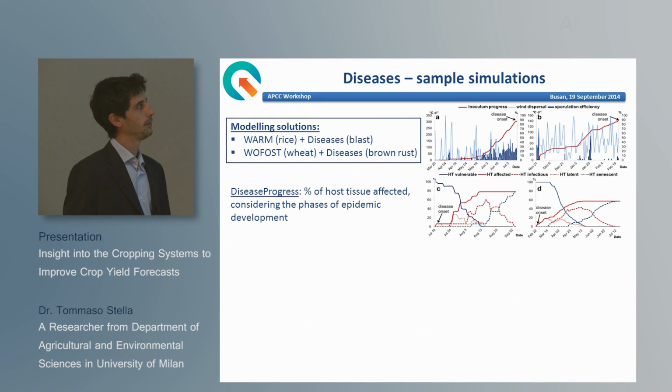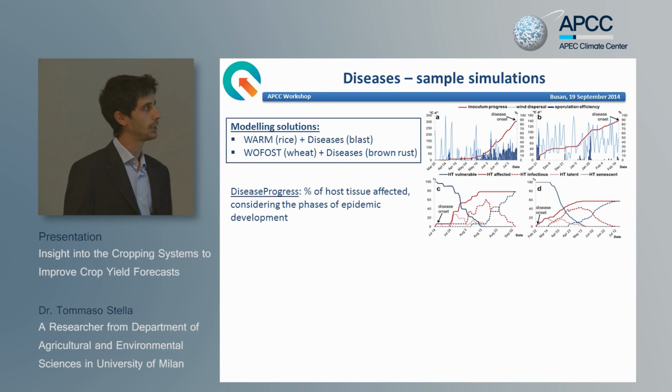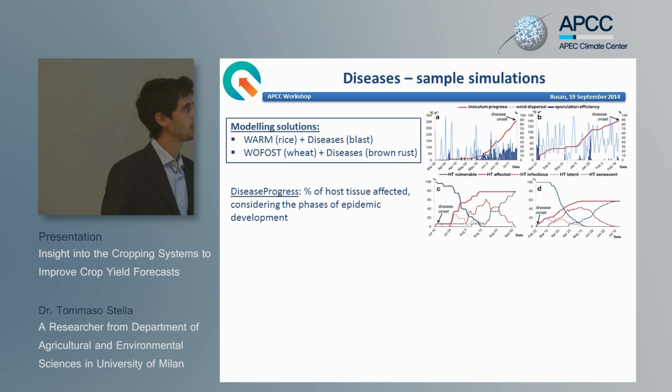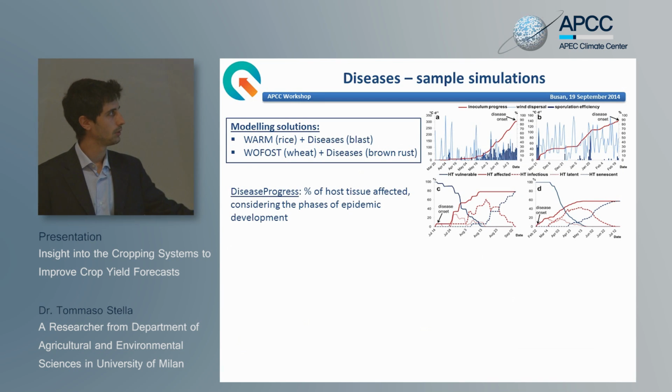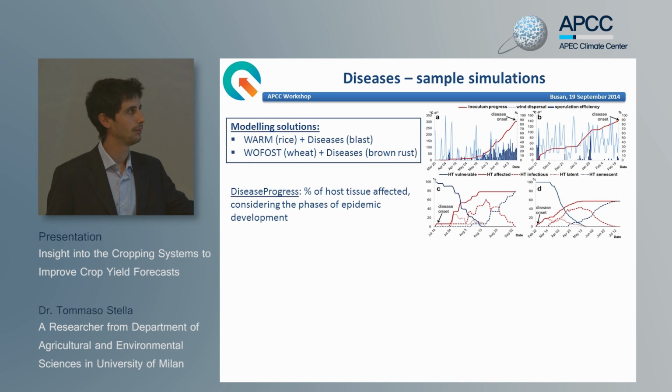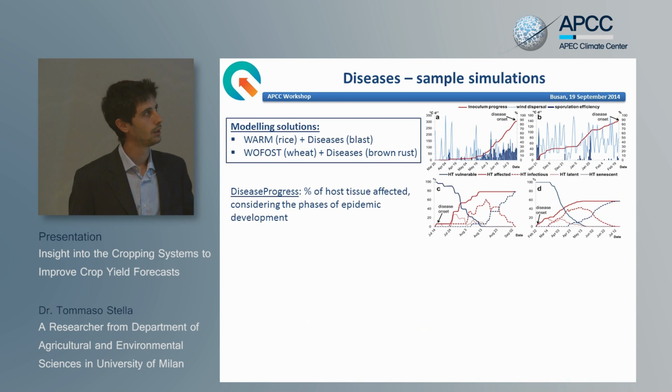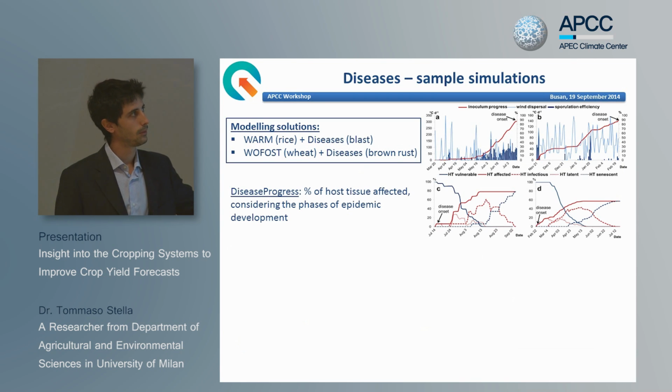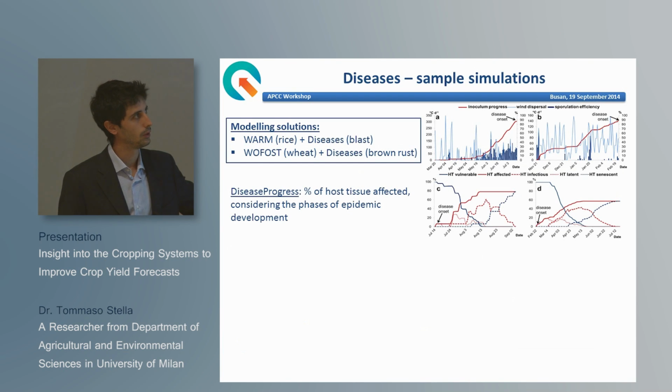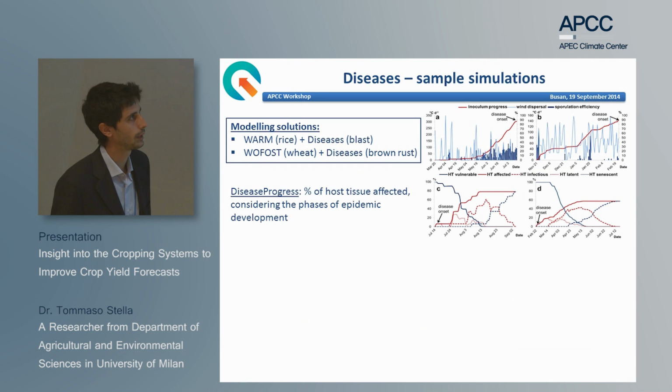And then we have disease progress, which calculates dynamically the percentage of host tissue affected by considering the different phases of epidemic development. And here we can see the different states of the tissue, the percentage of the tissue affected, vulnerable, or I can't read.